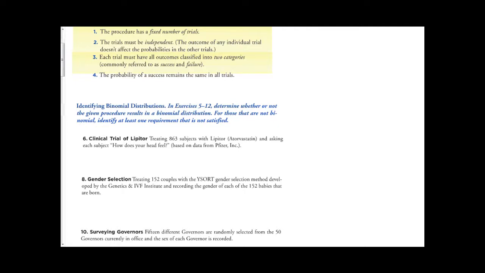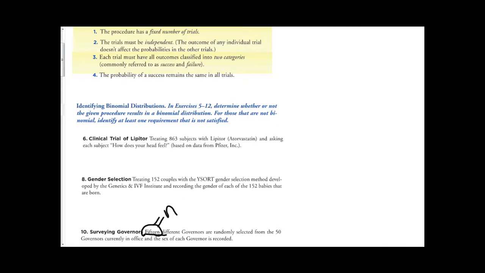We have 15 out of the 50 randomly selected, and we have a fixed number of trials. 15 is the fixed number of trials. We're going to have 15 governors that we're going to look at.